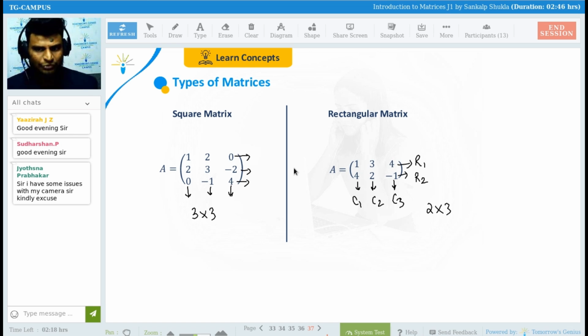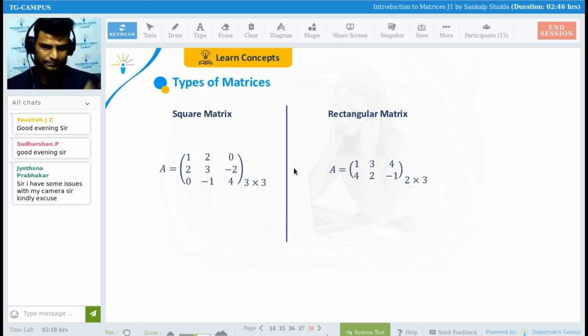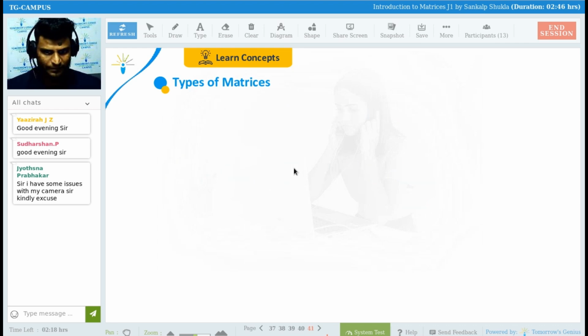When M is not equal to N, the matrix will take the shape of a rectangle. That is why it is known as a rectangular matrix, and when M is equal to N, it is known as a square matrix. In a square matrix, M is equal to N, and in a rectangular matrix, M is not equal to N.